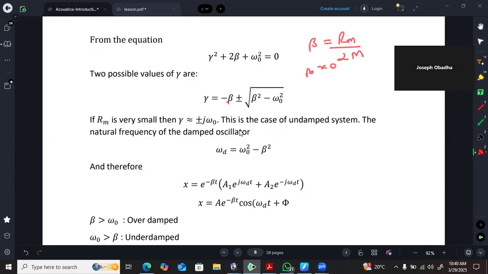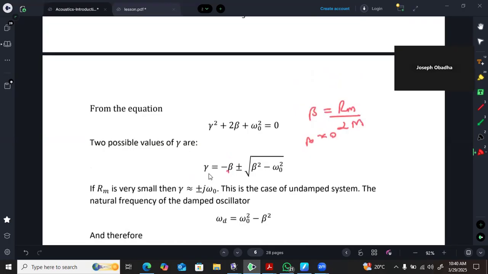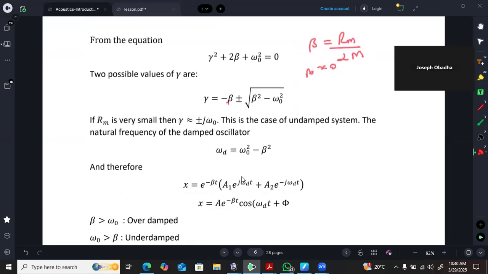So if beta is greater than omega naught, then it is overdamped. Overdamped because what you would have here is positive.